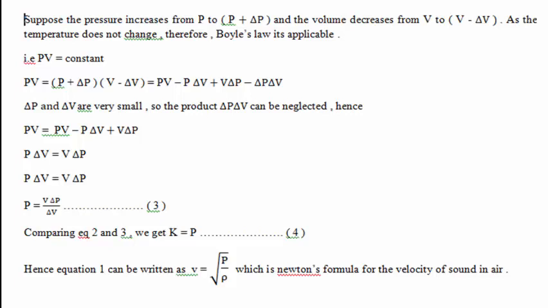So whatever amount of heat is produced during compression is lost to the surroundings, and similarly the heat lost during rarefaction is gained from the surroundings so as to keep the temperature constant.